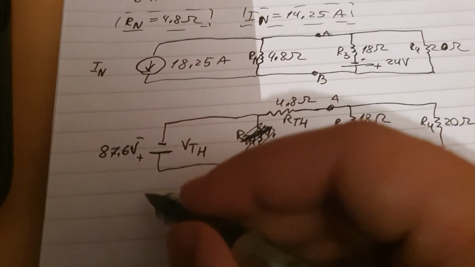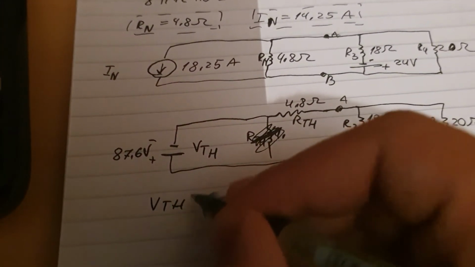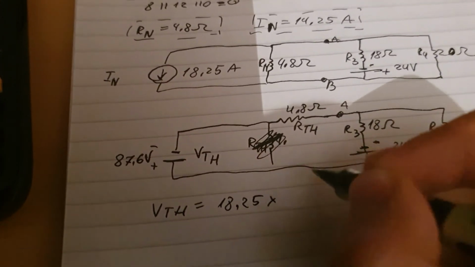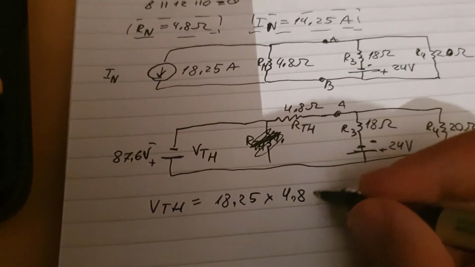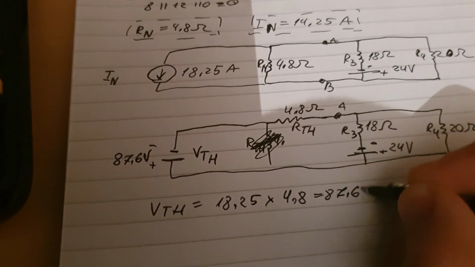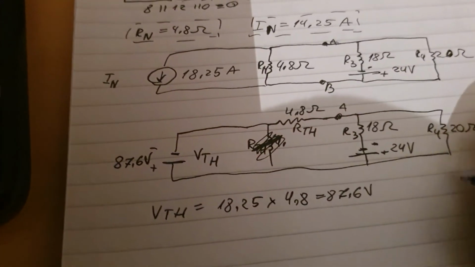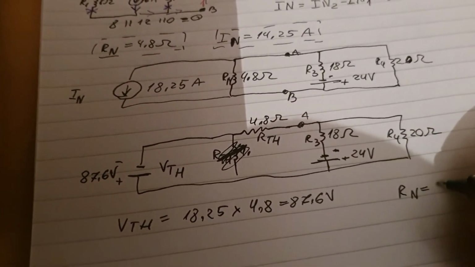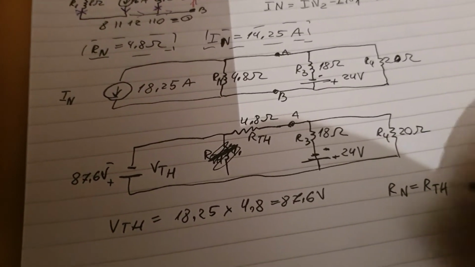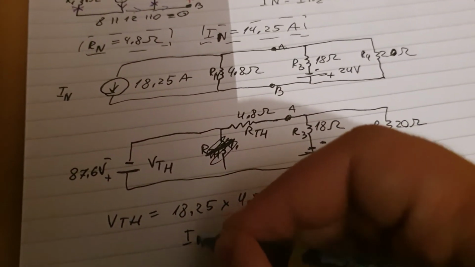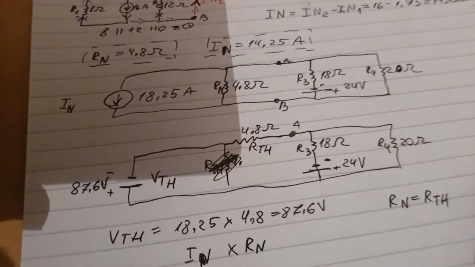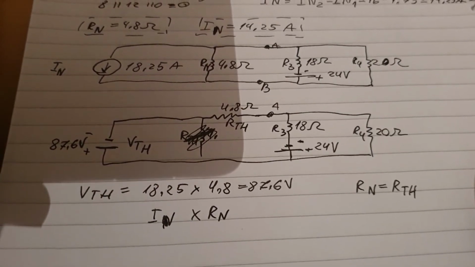And again, to find VTH, it's simply 18.25 times 4.8, that gives us 87.6 volts, and Rn will always be equal to RTH. And this one was IN multiplied by Rn. There you go. Sorry for the writing. Anyway, so that was the last one.